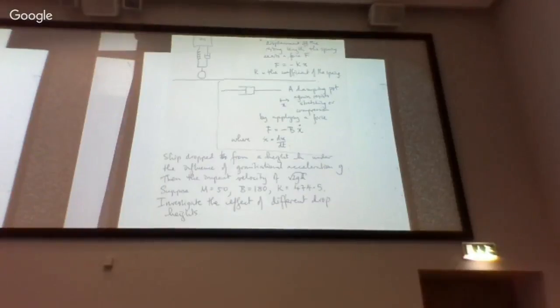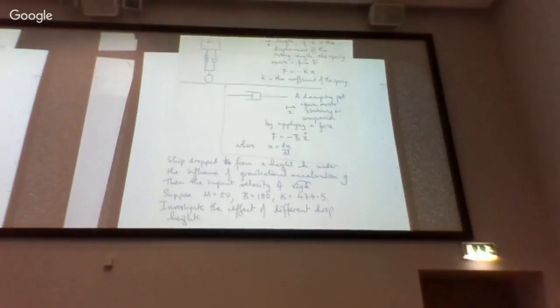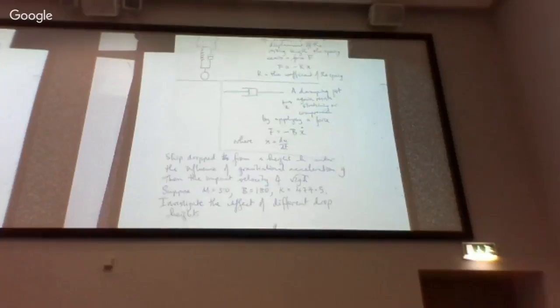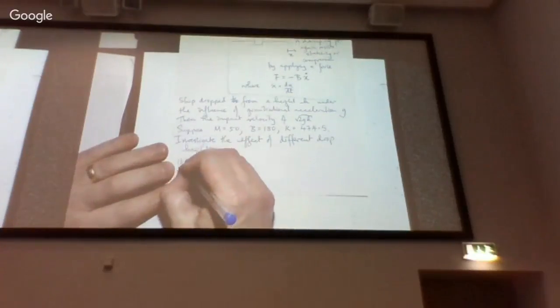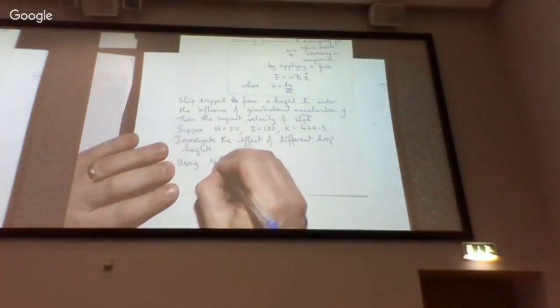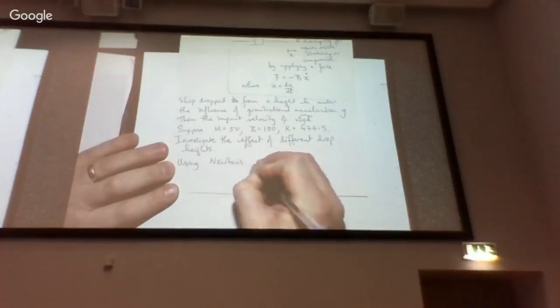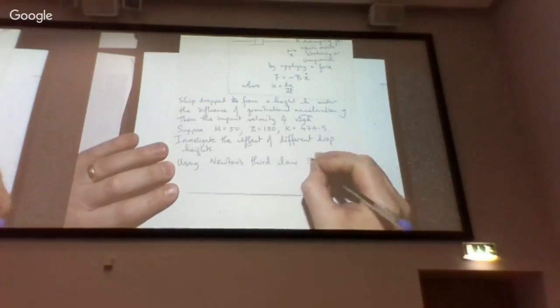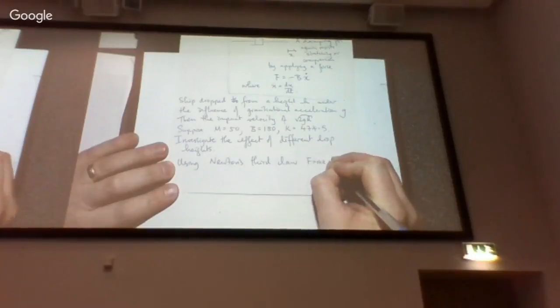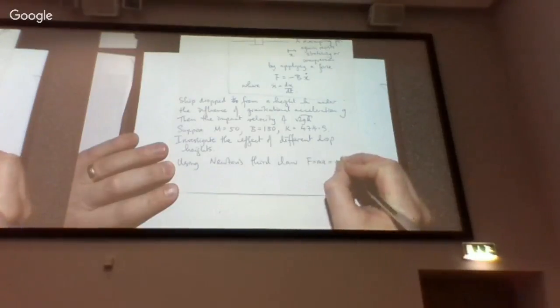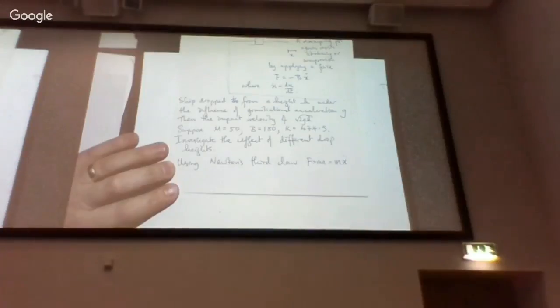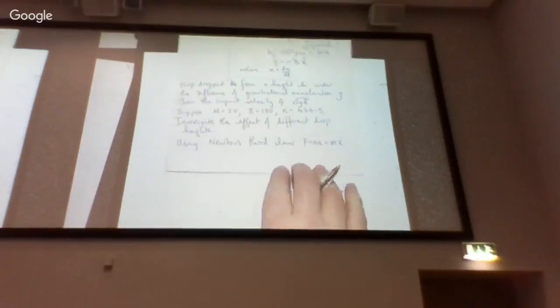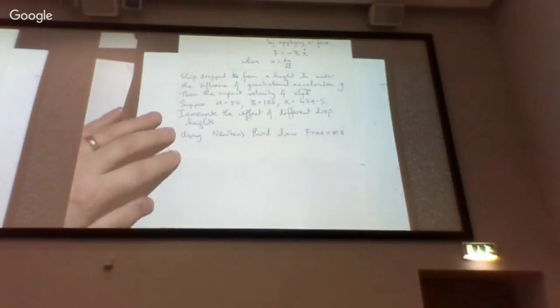So where does the ODE come from? We have to explain. So using Newton's second law, that force is mass times acceleration. So this is the mass times x double dot, the acceleration.